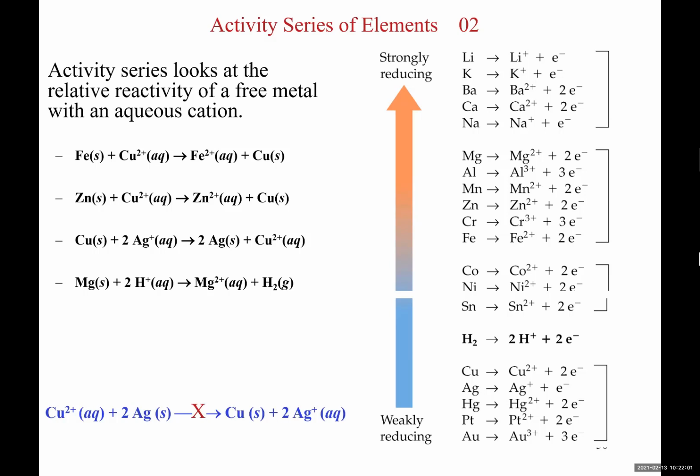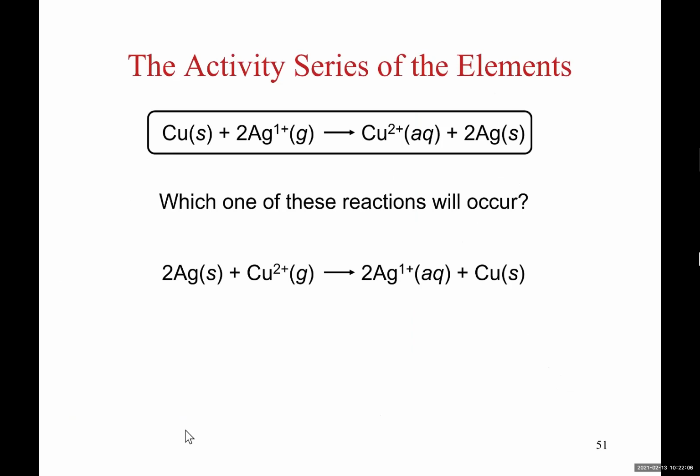All right. And if I go to the next slide, again, I'm asking you which one of these reactions is going to happen. The one which has copper has higher activity than silver.